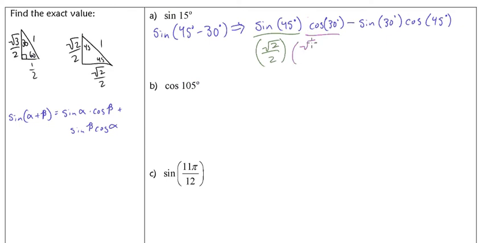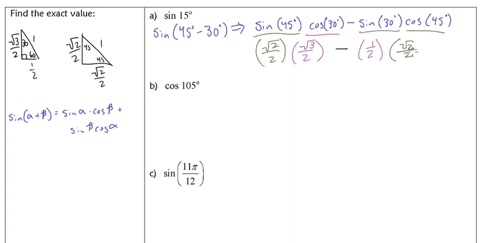So times the square root of 3 over 2, minus, and then sine of 30 degrees, that's going to be 1/2. And cosine of 45, that is the square root of 2 over 2.